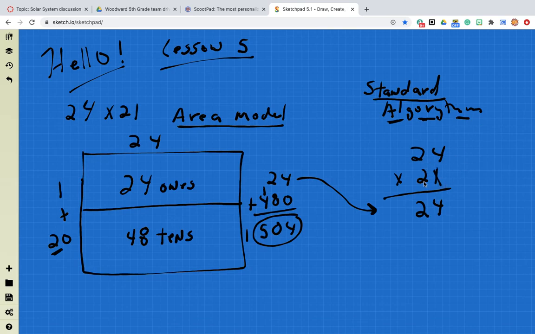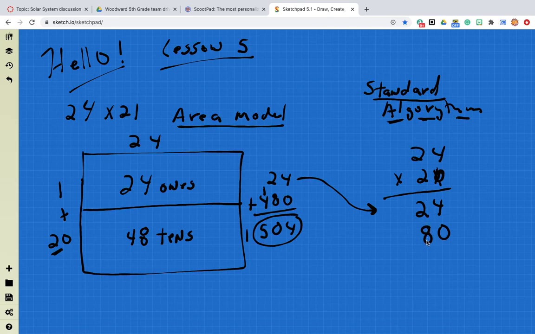Now we're going to multiply this times 4. Now what is that? A lot of you are thinking that's a 2, but is it really? It's a 2, but it's in the tens place, isn't it? Isn't that really a 20? So we're multiplying 20 times 24. So 2 tens times 4 is 8 tens, an 8 in the tens place.